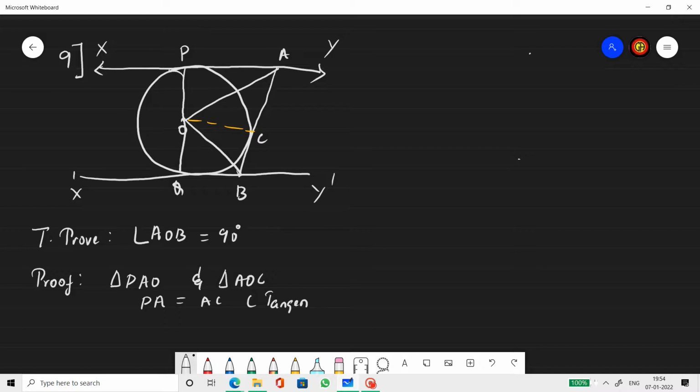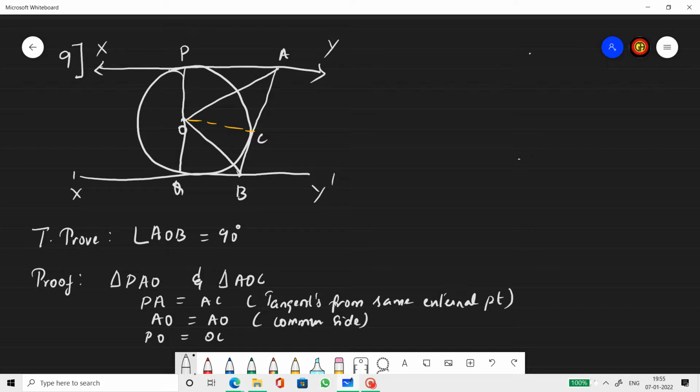The reason is a must: tangents from the same external point. So PA equals AC. Then AO equals AO, which is the common side in these two triangles. Then PO equals OC because that is the radius of the circle.